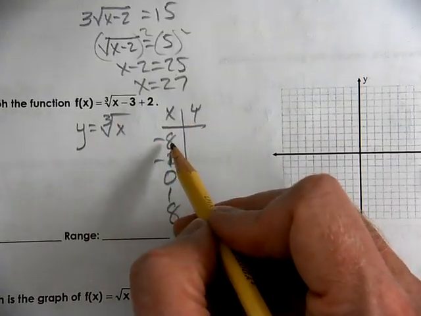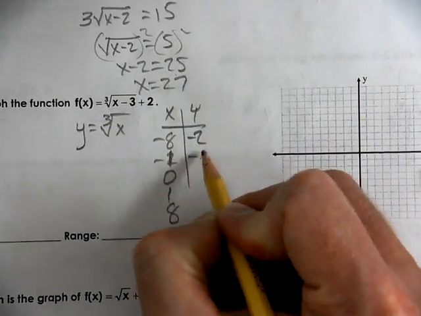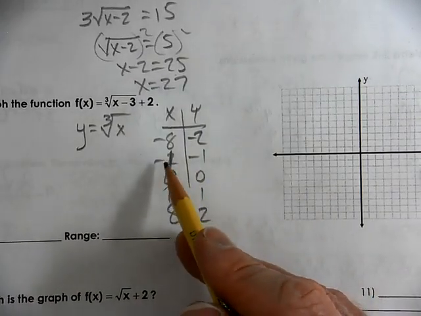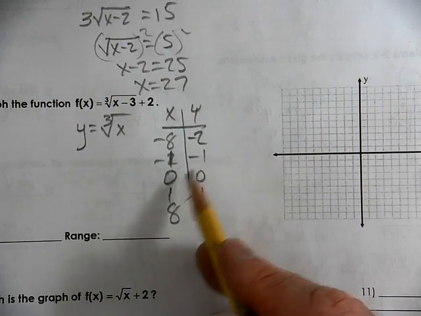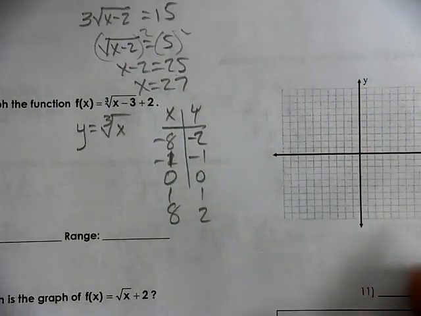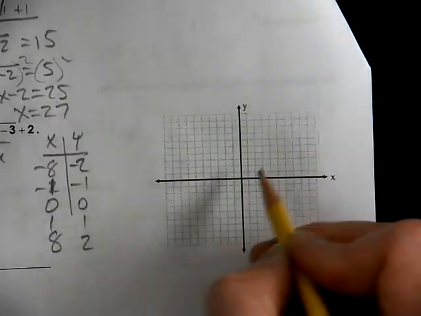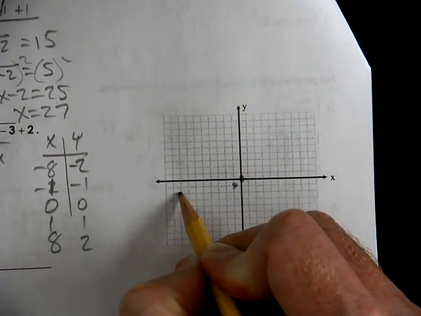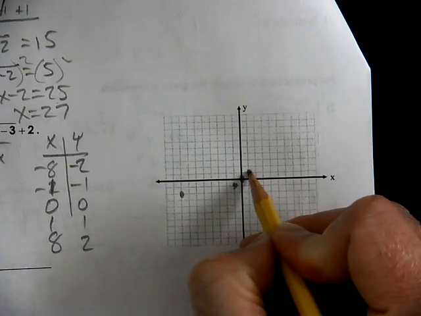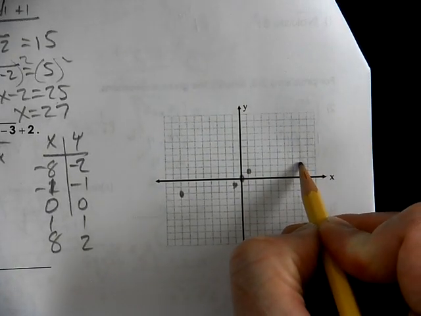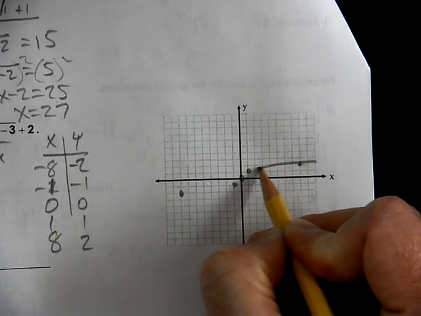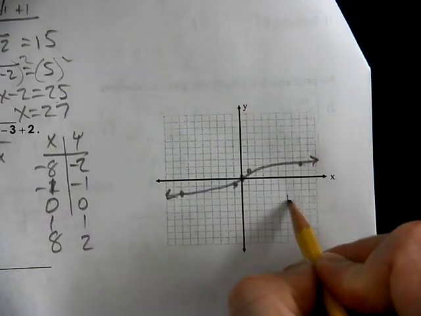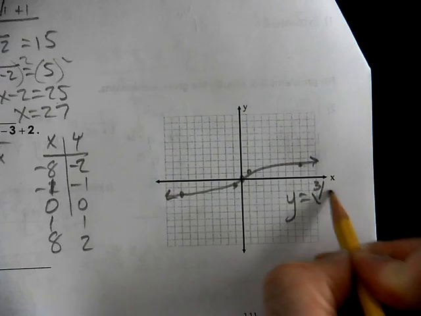The cubed root of -8 would be -2, and the cubed root of -1 would be -1 and 0. So you can plot these out. And that's your graph, y equals the cubed root of x.